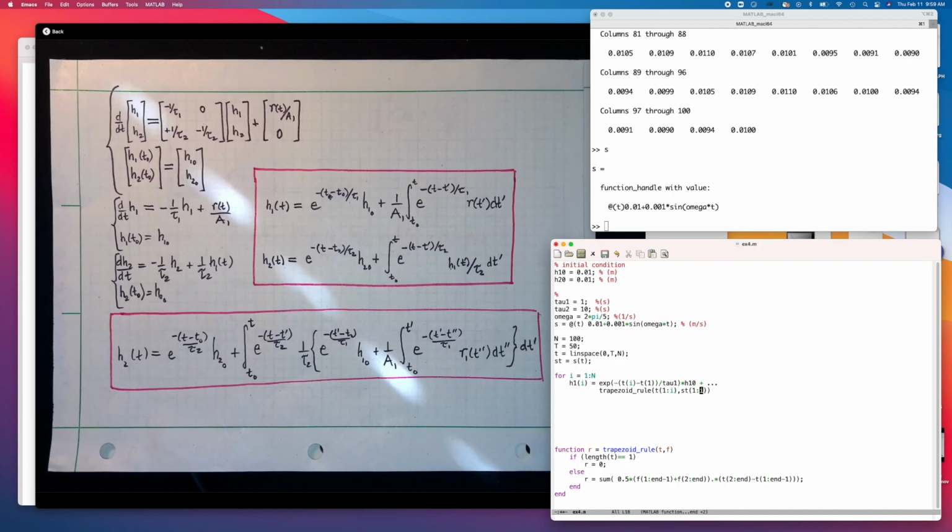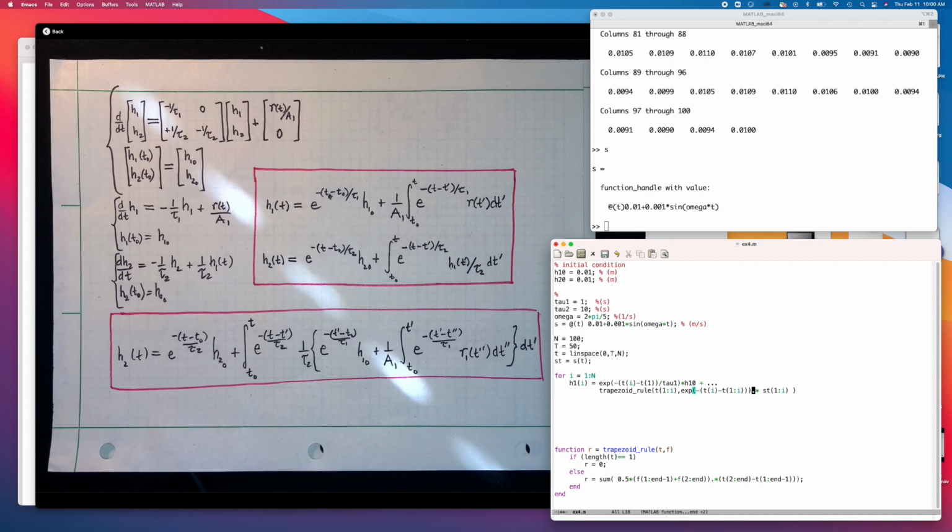Oh, st, but then I need to multiply by the exponential term. Exponential of minus t i minus t 1 through i. Whoops, 1 through i. Dot star. Let's see, I'm missing a parenthesis here.